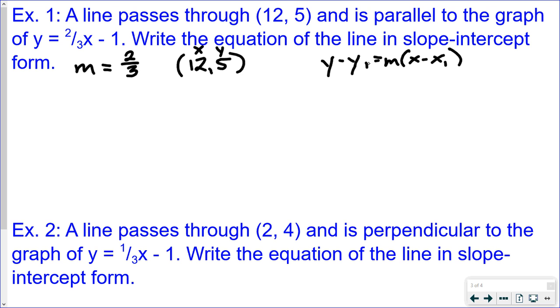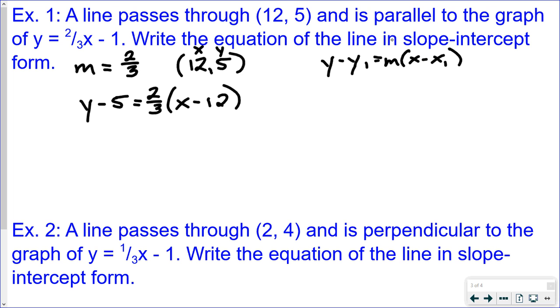So we're just going to plug those into the formula here. All right, so y - 5. Remember, if this was a -5, this would be +5, equals the slope, which is 2/3, times (x - 12). So I just plugged in this point for x1, y1, and I plugged in the slope.